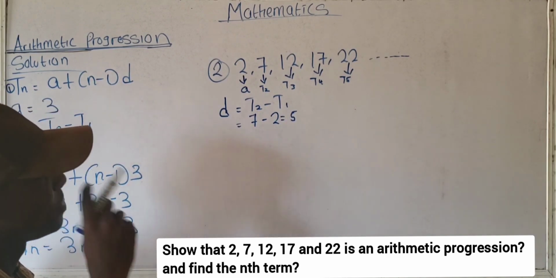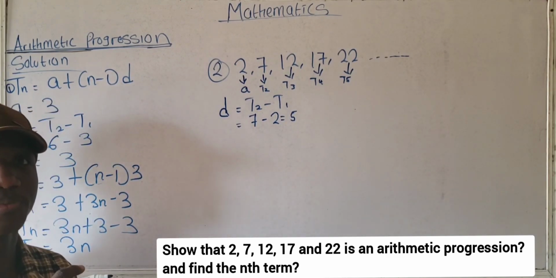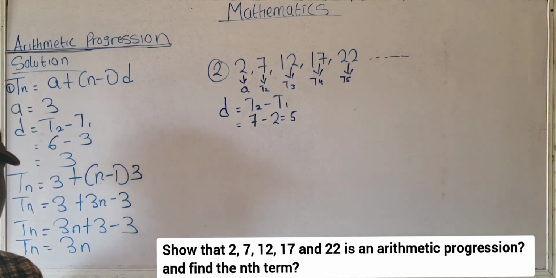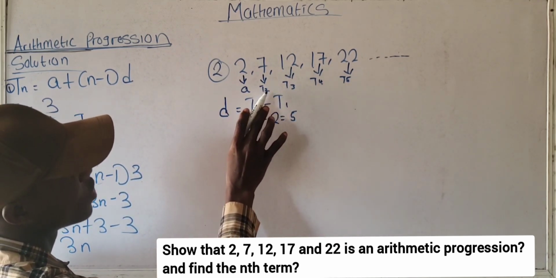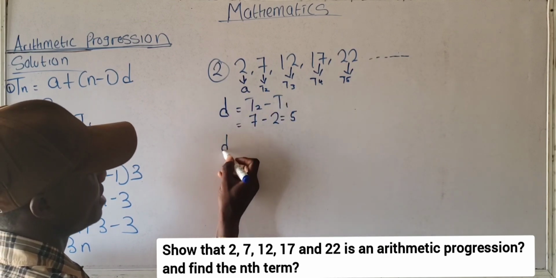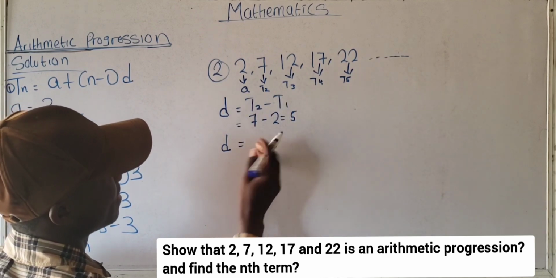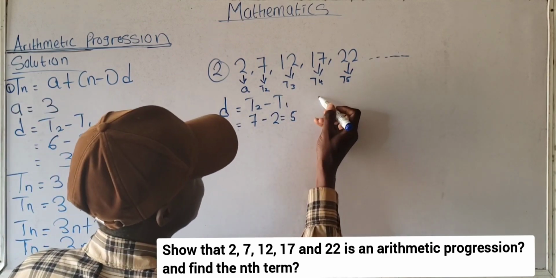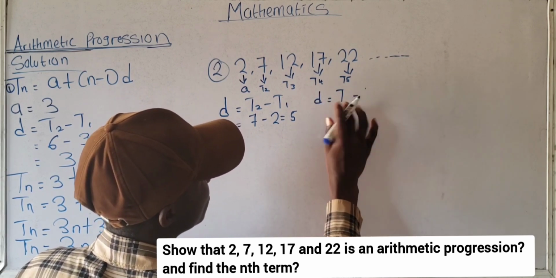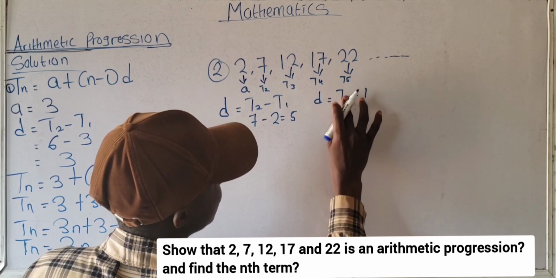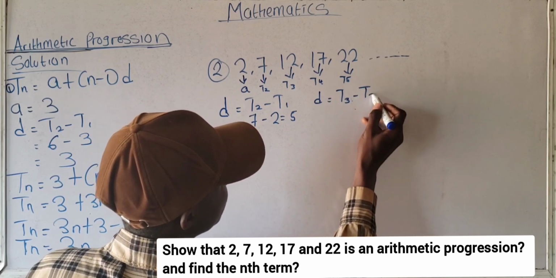Now, let's try another, the second successive terms. Let's proceed to the third term and the second term. The difference can also be expressed as T3 minus T2.